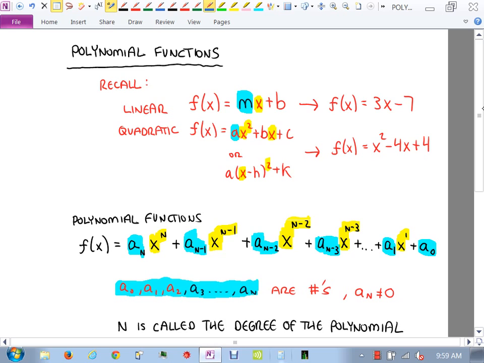Who wants to get 2-point bonus on the next test? It's not about confusion. Like, why not use a, in this formula right here with the blue and the yellow, polynomial functions. Why not use f of x equals ax to the n plus bx to the n minus 1 plus cx to the n minus 2?